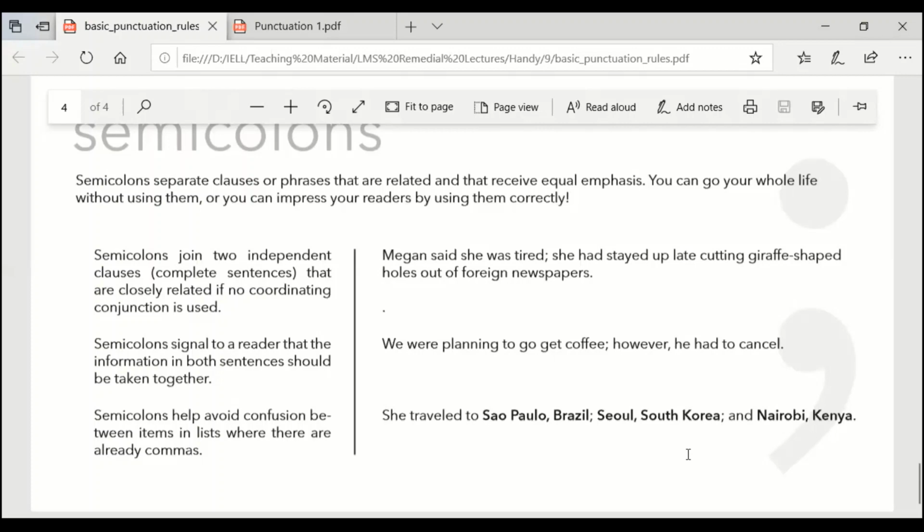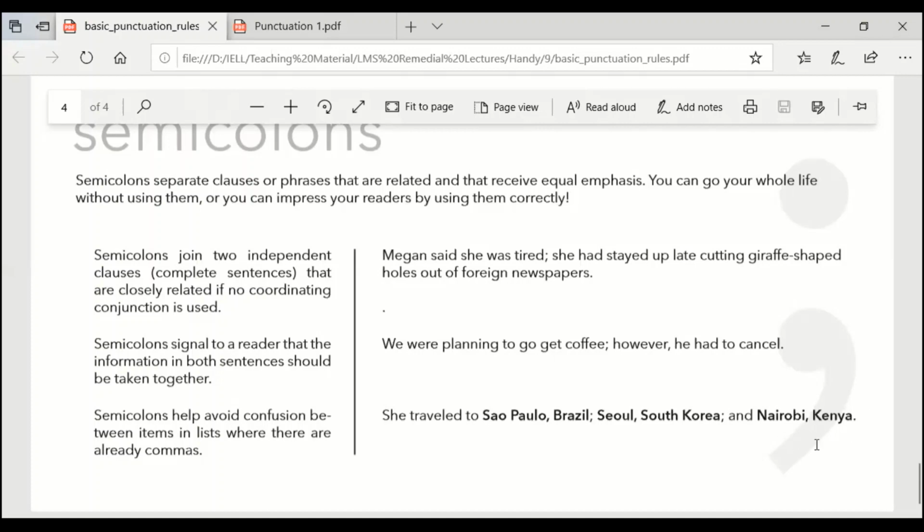Toffee and chocolate are two items of the same category, so I would use a comma between them, and then a semicolon, and say Pepsi, comma, 7 Up; and pizza and pasta, something like that. So when we're introducing a list within a list, within the smaller list we use a comma, and for the big list, the overall idea, we use a semicolon.